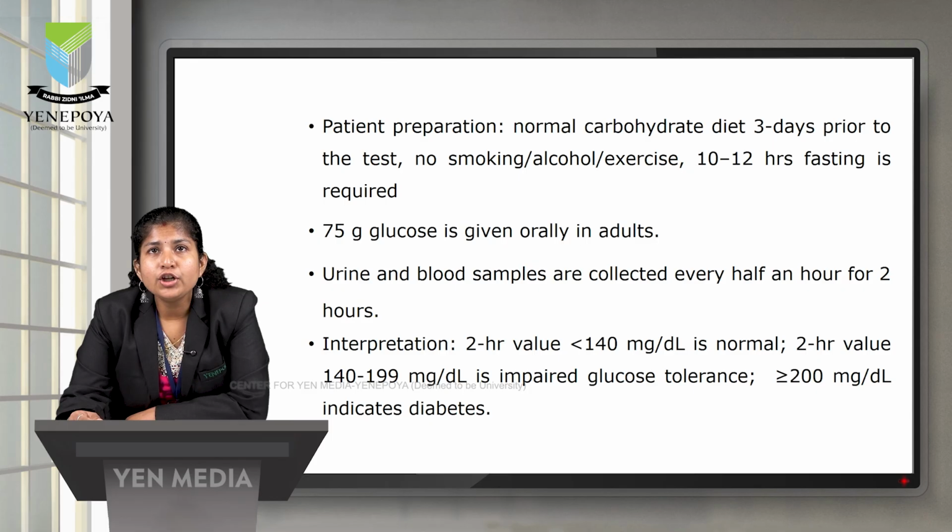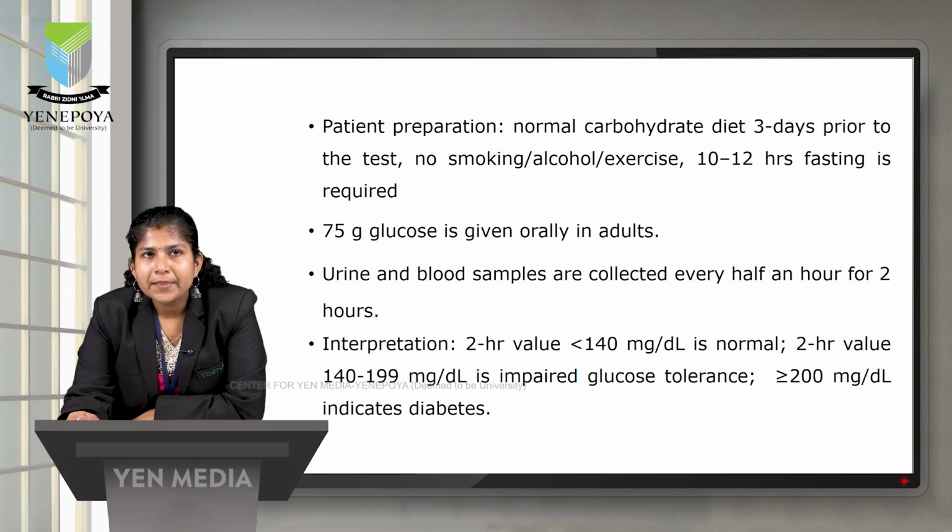Patient preparation: normal carbohydrate diet 3 days prior to the test, no smoking, alcohol, exercise, and 10 to 12 hours of fasting is required. In case of adults, 75 gram of glucose is given orally, and in case of children, 1.75 times body weight, which should not exceed 75 grams.